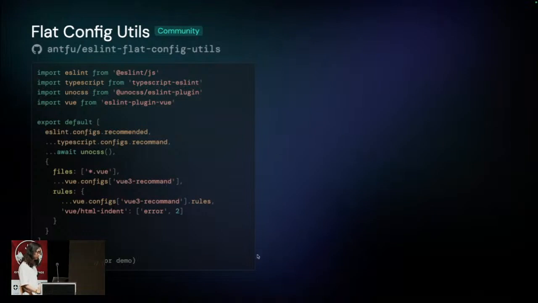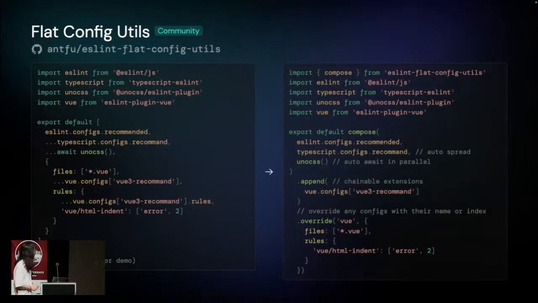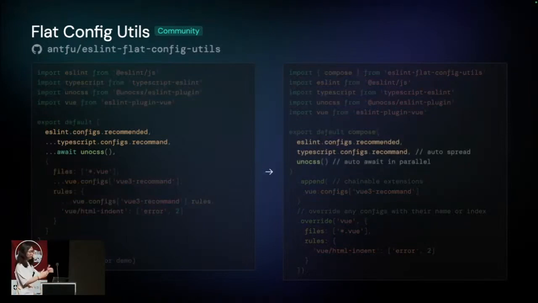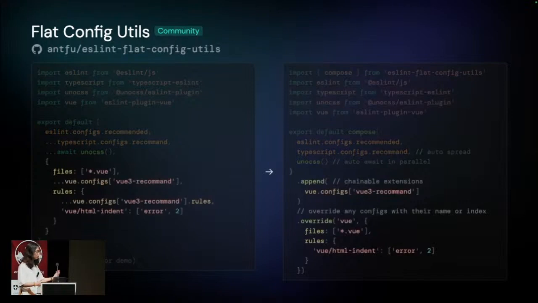With the config utilities, I made a utility function called compose, which automatically resolves different types of config, and it will automatically resolve promises and merge them together if there are any. It also provides some chainable actions where you can insert an extra config where you want, or override some config without needing to handle the merge manually.